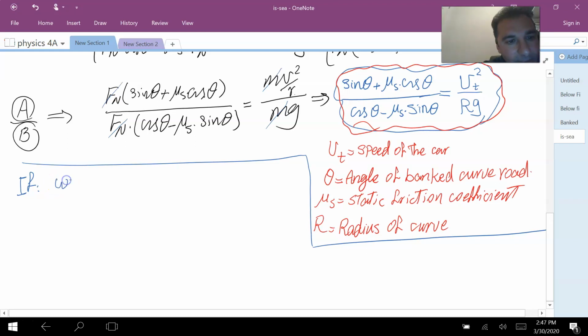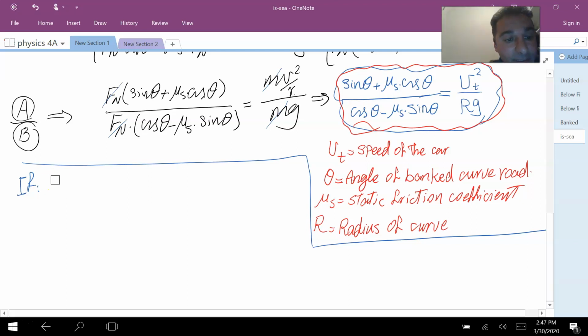Friction being zero is impossible, but let's assume it's an icy day, where your curve is completely covered by ice. We can say friction is minimum.